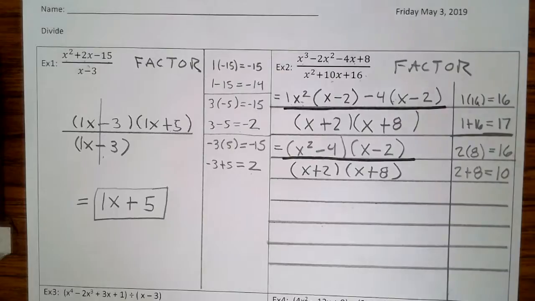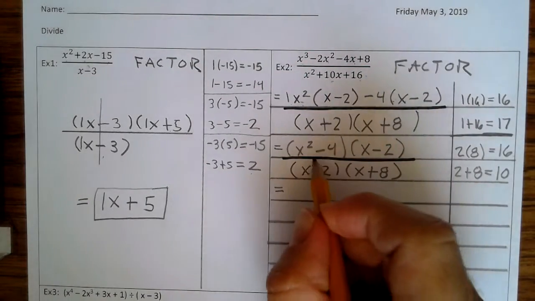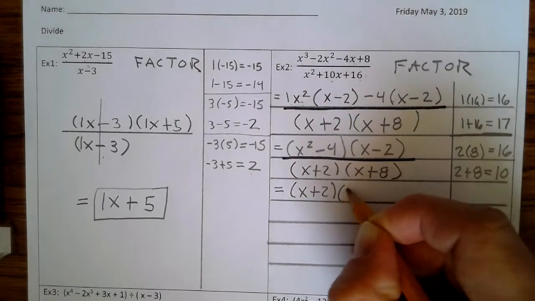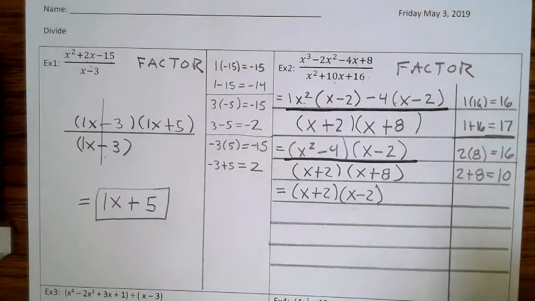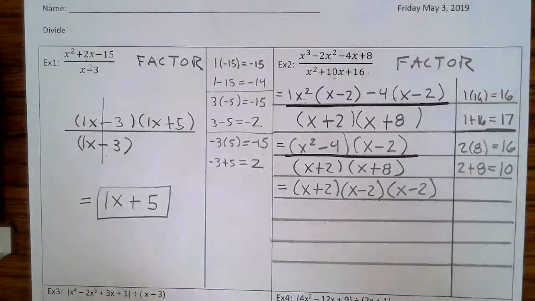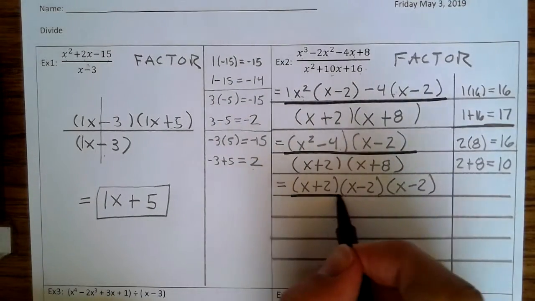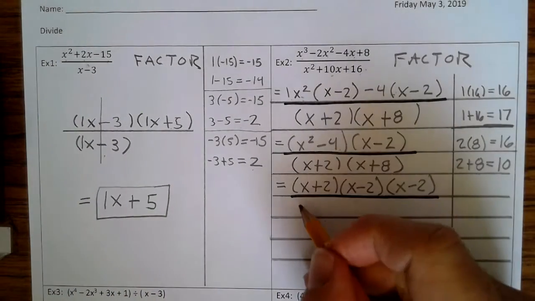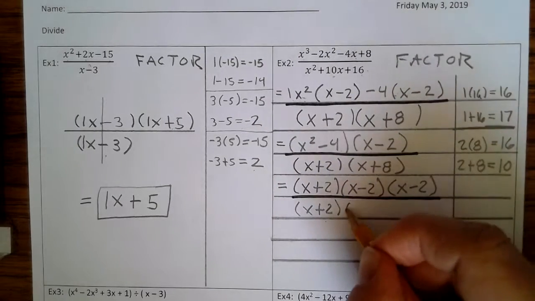Now x squared minus 4 factors to be x plus 2, x minus 2, still times x minus 2. Divided by x plus 2, x plus 8.